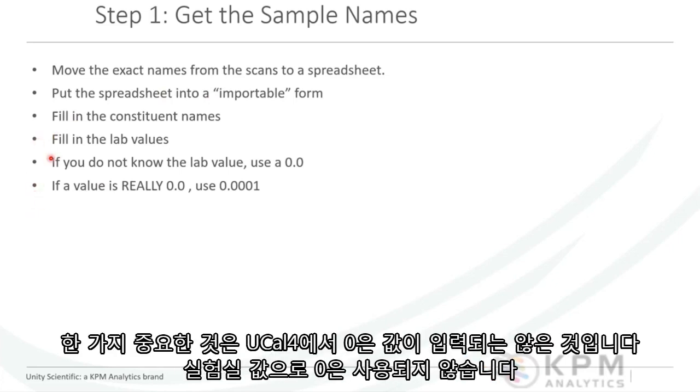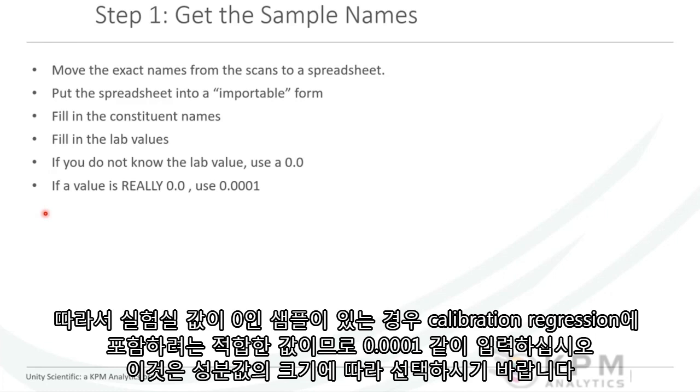One also really important thing is there are cases and certain analytical tests where 0 is a valid entry. In UCal4, lab values of 0 are ignored. They will not be used.